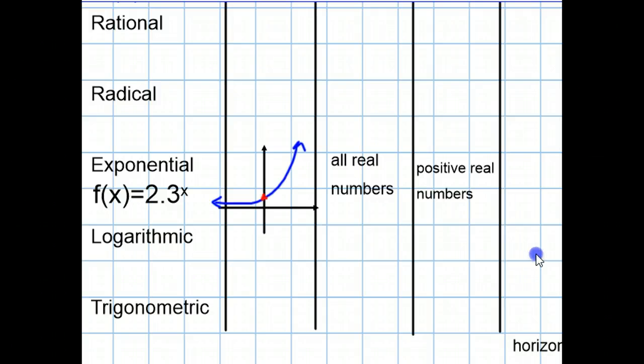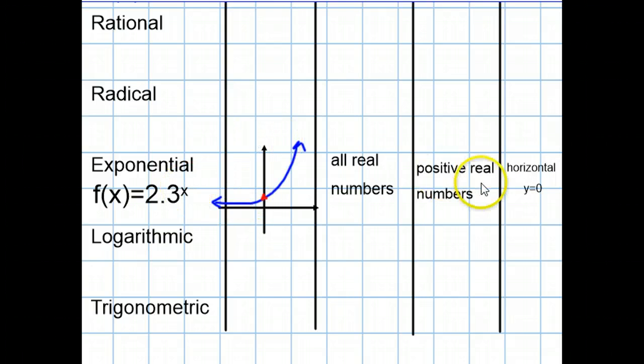For this function, that horizontal line is a horizontal asymptote that has the equation y equals 0. So that's why in an exponential function you have a subset of the real numbers as the range, because it cannot go below the horizontal asymptote, which in this case is at y equals 0.